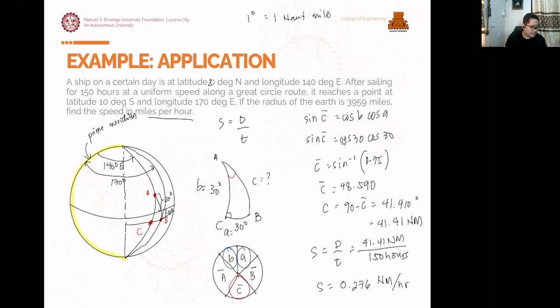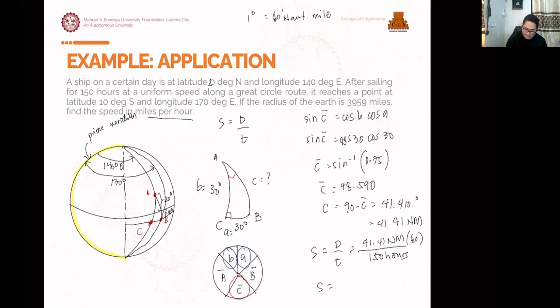Okay? So, mali, no? Di pala, sorry. Di pala 1 nautical mile. 60 nautical mile per hour. Okay? So, sorry. So, ito ay times natin ng 60. Kaya pala ang liit. 1 degree is equals to 60 nautical mile.